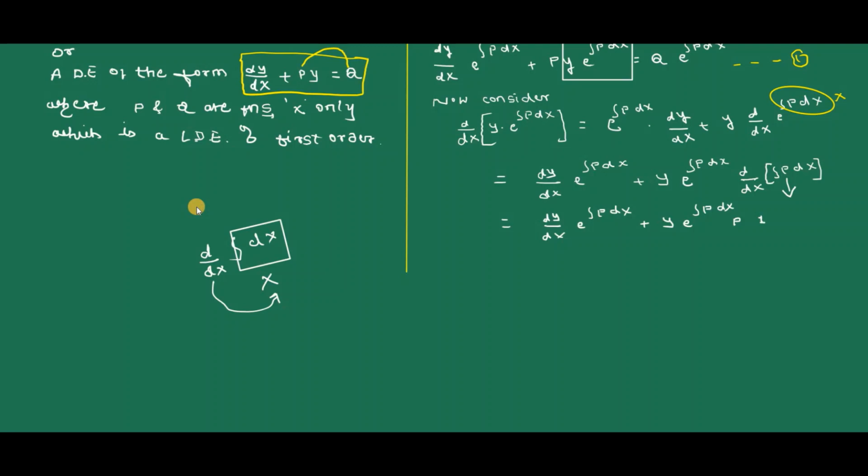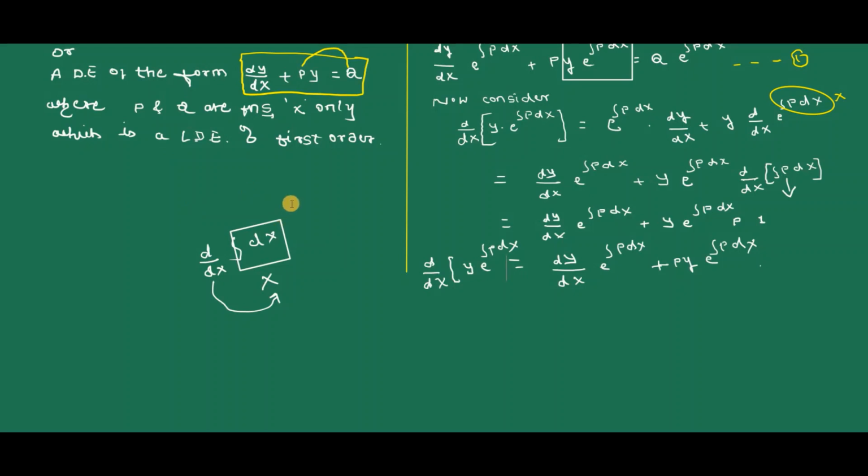So this is equal to dy divided by dx e raised to integration of p into dx plus py e raised to integration of p into dx. This is the value for d by dx of y into e raised to integration of p into dx.